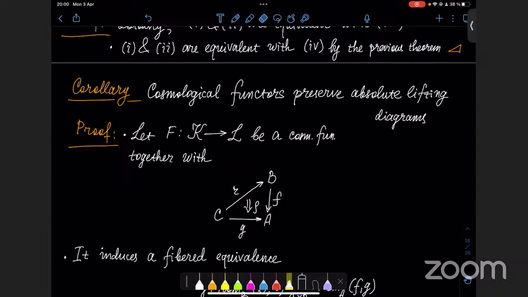I will recall the notion of cosmological functors, but you can think about it as just usual functors, and you just apply this functor to each element of the diagram.